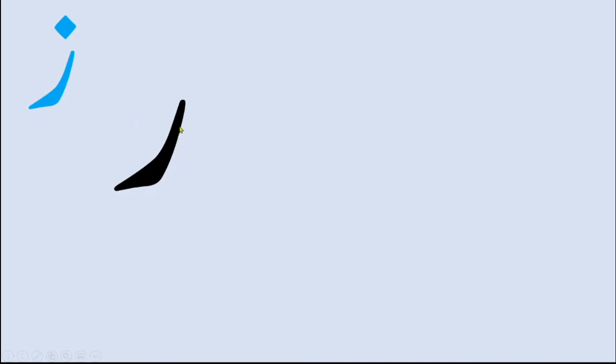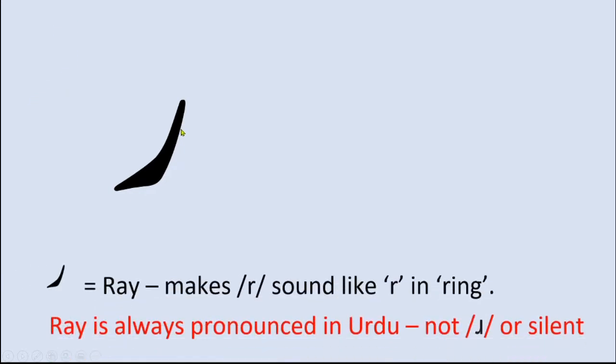Okay, so this letter is called Re, and it makes the R sound like R in ring. Now, it's not the same as English R, because English R, particularly in British English, is tricky.